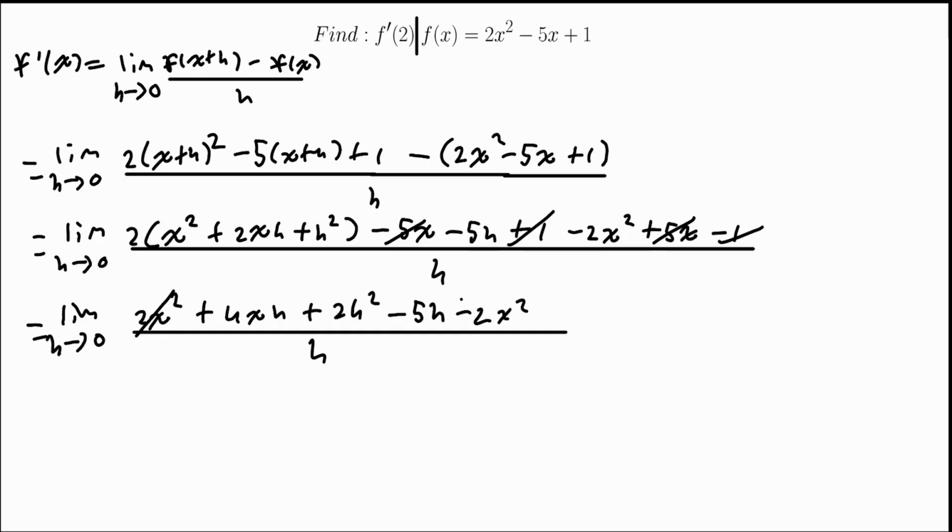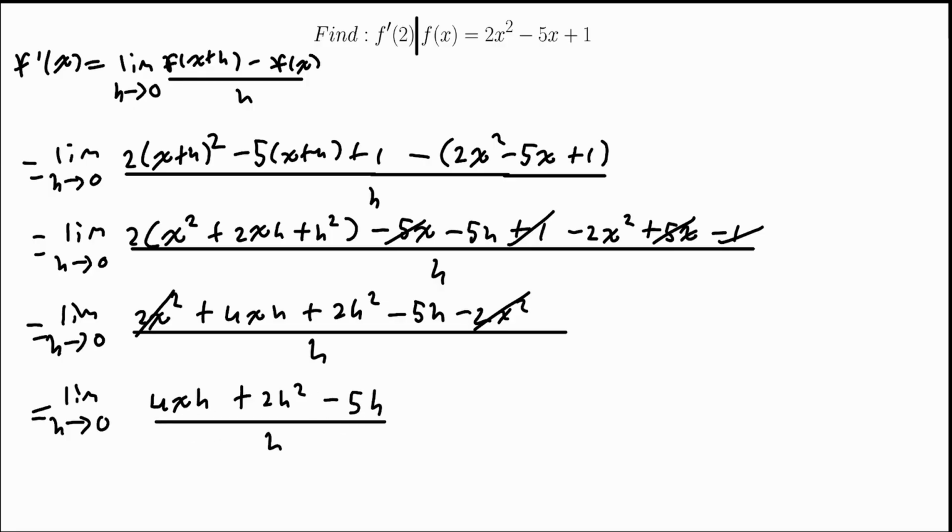And now our 2x squareds are going to cancel out. And so we're left with the limit as h approaches 0 of 4xh plus 2h squared minus 5h all over h.